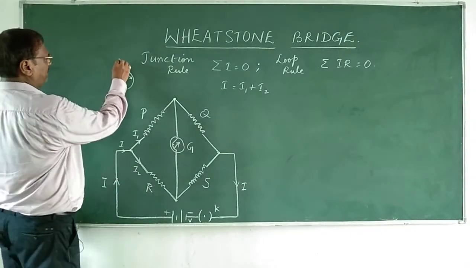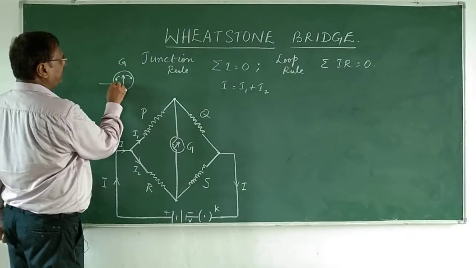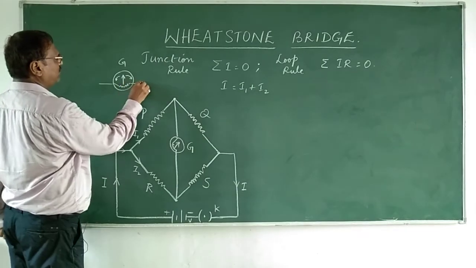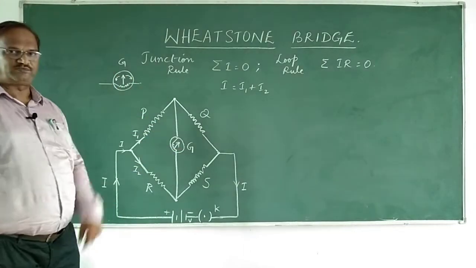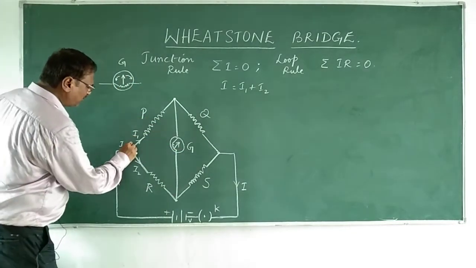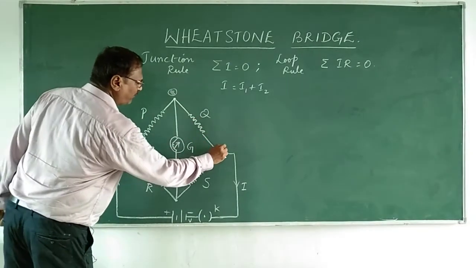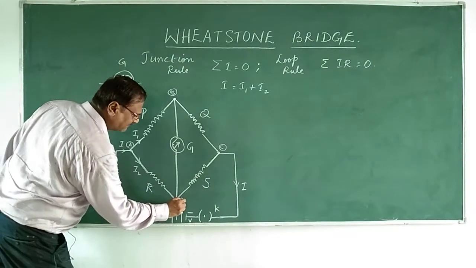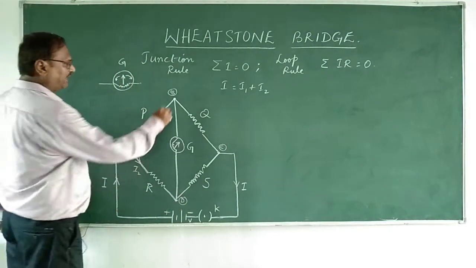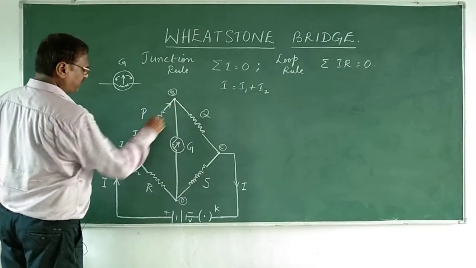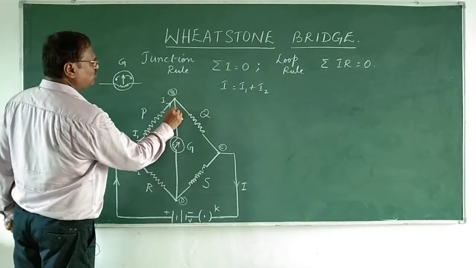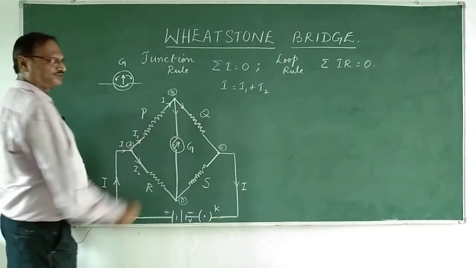Keep this in mind about the galvanometer: every galvanometer has its own resistance, which we are calling G. So let me call this point A, this point B, this point C, and this point D. At this junction, the current which is coming here is I1, and it again splits into 2 parts.